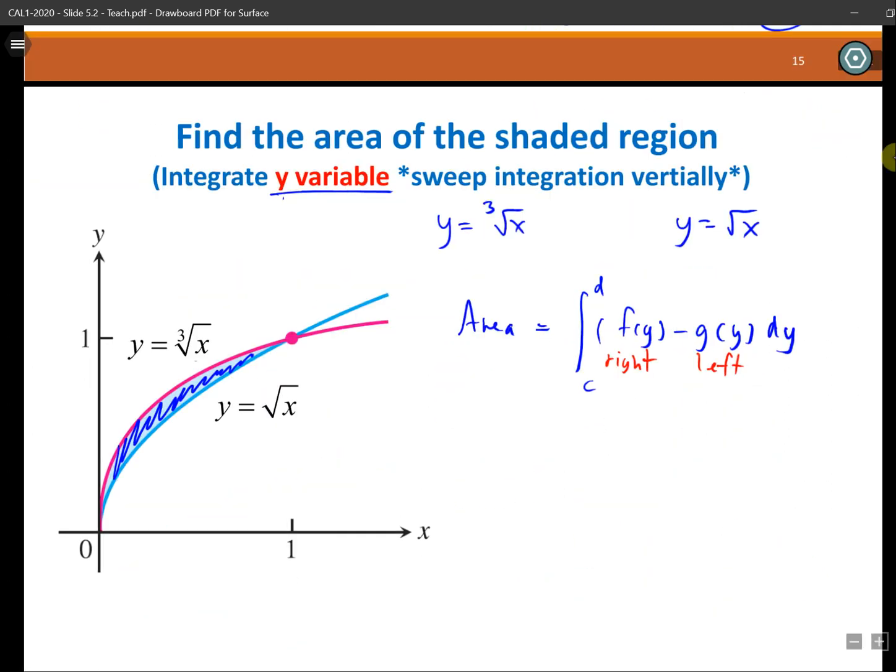In this case, you can see that the one on the right-hand side of this region, all the way through, is this square root of x. And the one on the left-hand side of this region is this line. So we have this on the left-hand side.